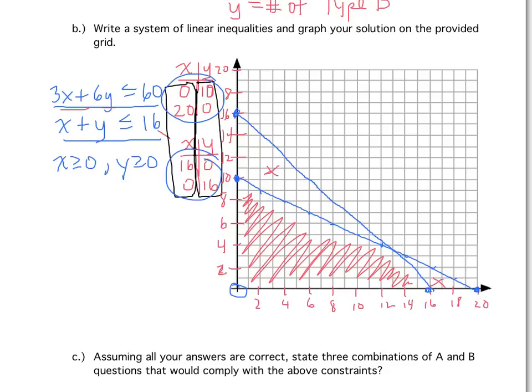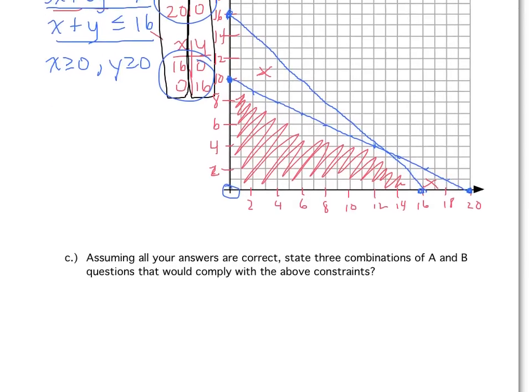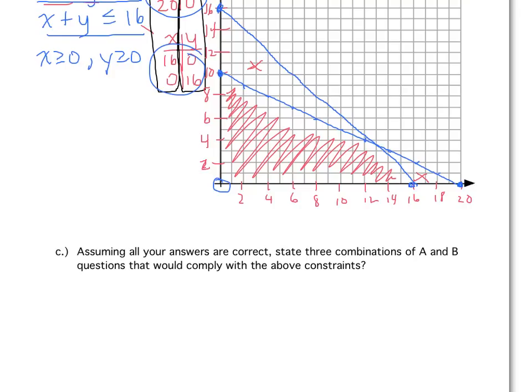The last part it's going to ask you to do is, assuming that our graph is correct, state 3 combinations of type A and type B questions that would comply with the above constraints. So I could do something simple like 2, 2.